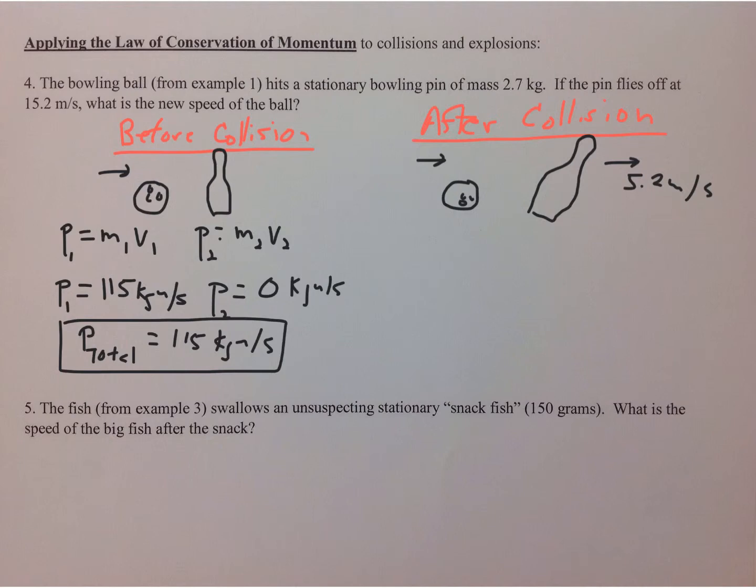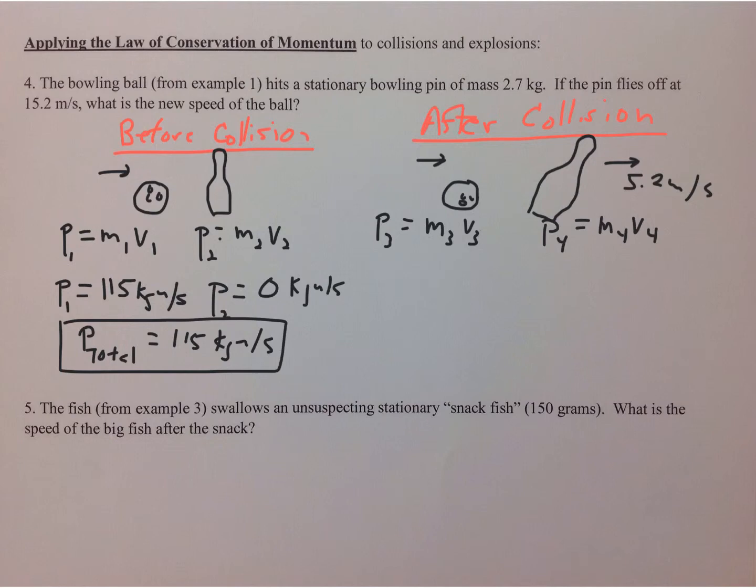So now we're going to do this on the right-hand side here. We're going to call this P3 for the bowling ball after the collision equals M3 V3. And for the bowling pin, P4 equals M4 V4. Once again, P stands for momentum.